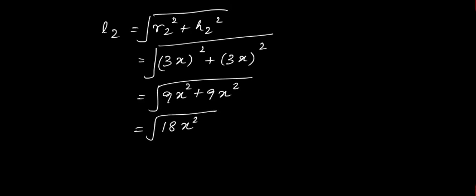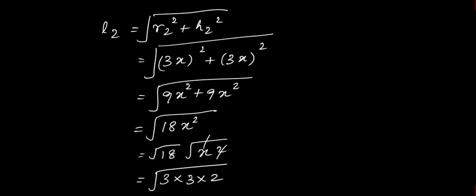So again we'll split this and write it as root 18 and then root x square. So the square and the square root will get cancelled. So root 18 can be written as 3 into 3 into 2 into x. So we can take this 3 out. So we'll get 3 root 2 x. So this is our L2 value.